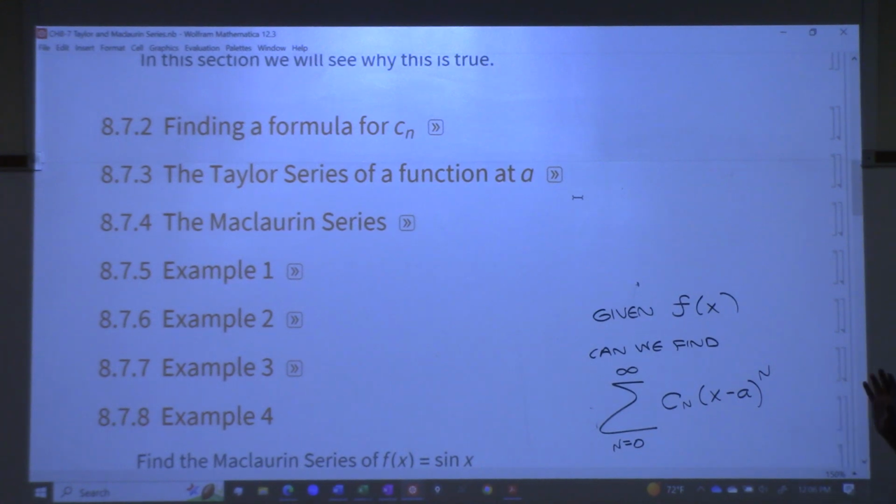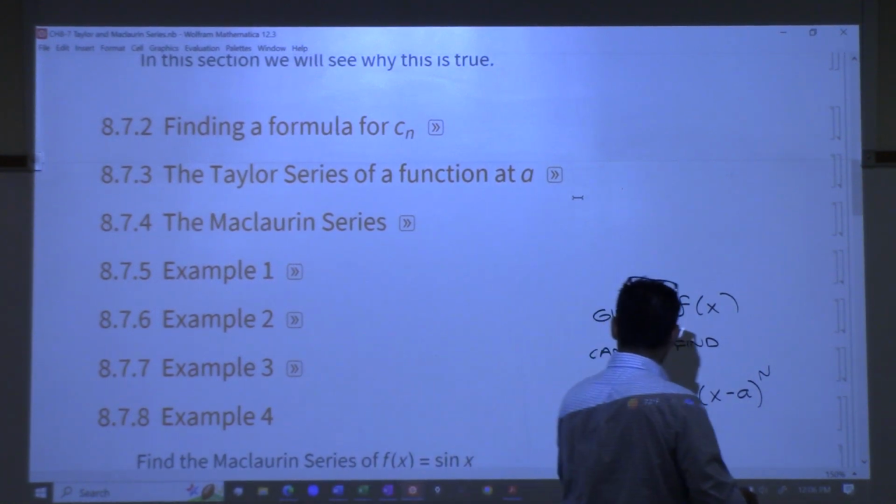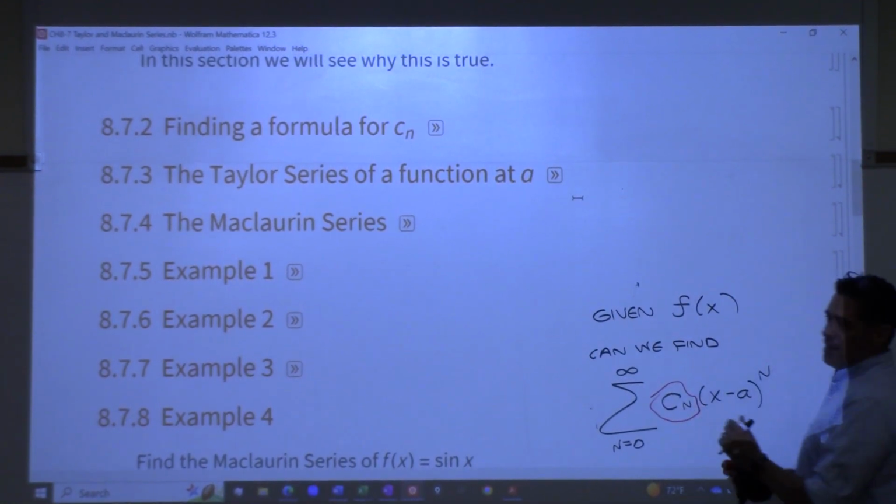Well, what is the only difference when you look at one power series and another power series? What is the only thing that changes between power series? It's the only thing that makes them uniquely different from one another. It's the constant in front. This right here dictates everything.